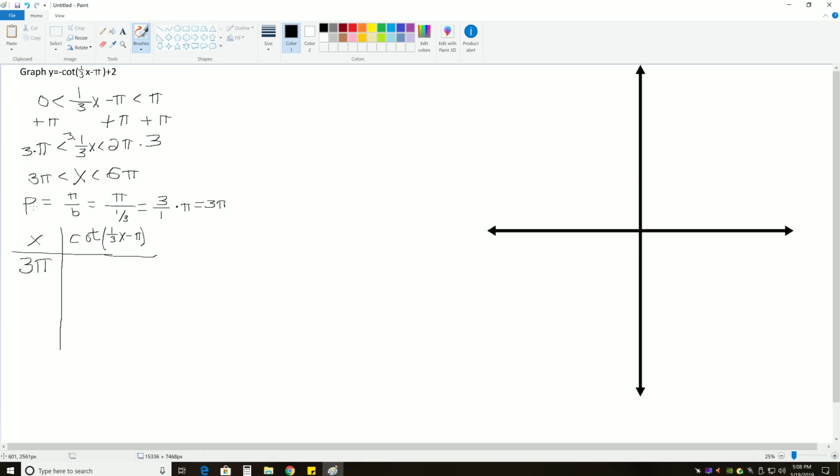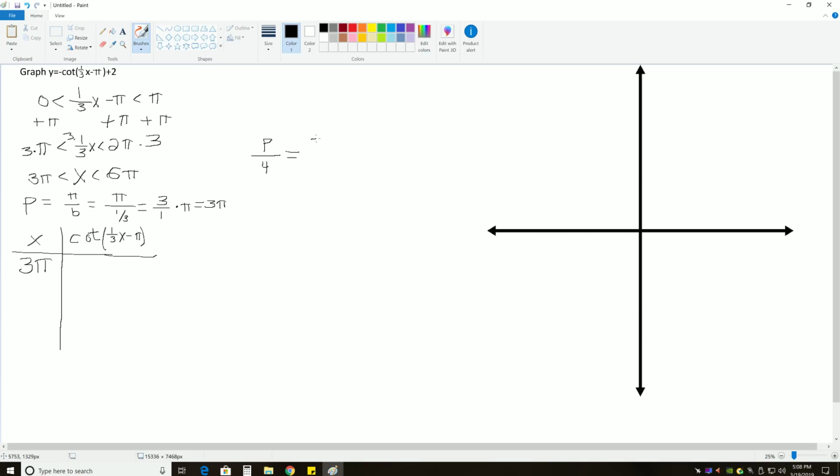And now we're going to add p over 4, the period divided by 4, to it 4 times. And that'll give us the 5 major values, basically our new quadrantal angles, taking into account our horizontal transformations.